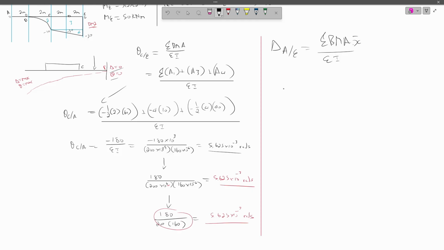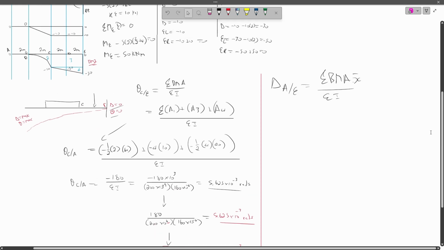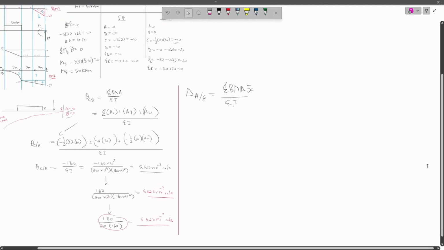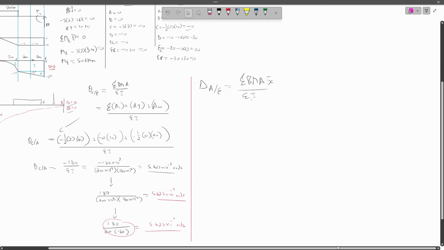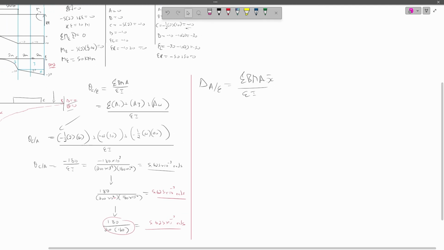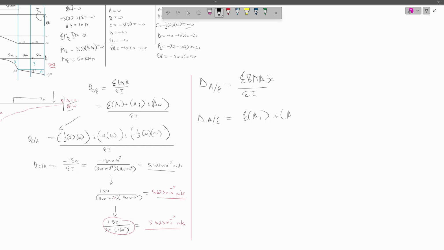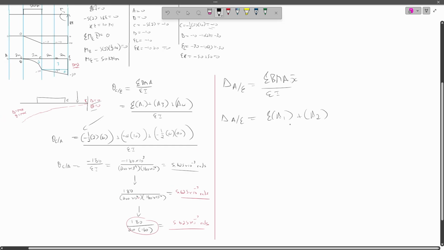So we'll have our deflection at A, reference to A, which is A1 plus A2.